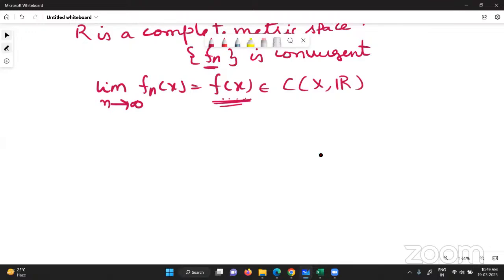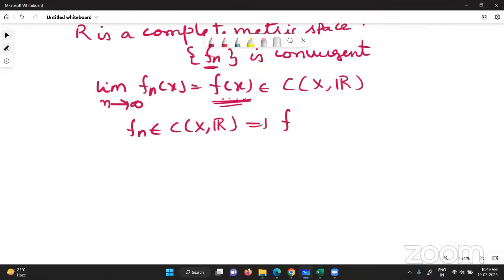So we prove it is bounded and continuous. Each Fn belongs to C(X,R). You can tell in words, no need to take epsilon and all.